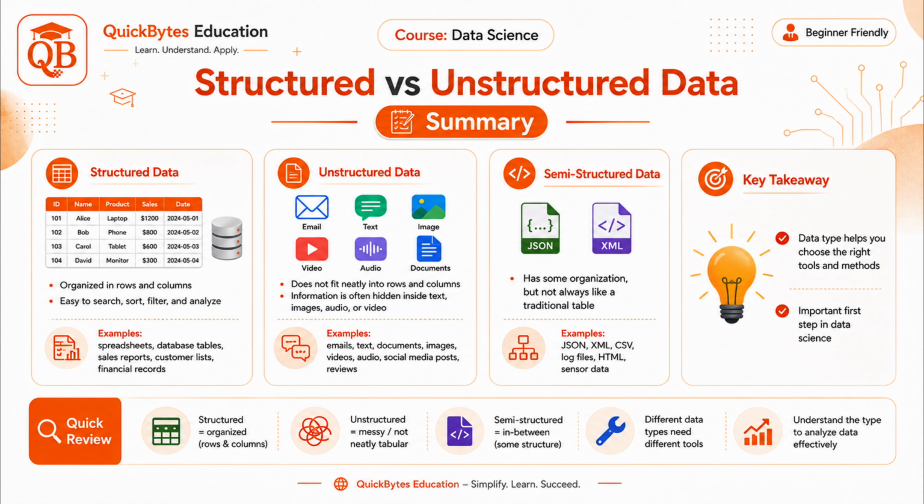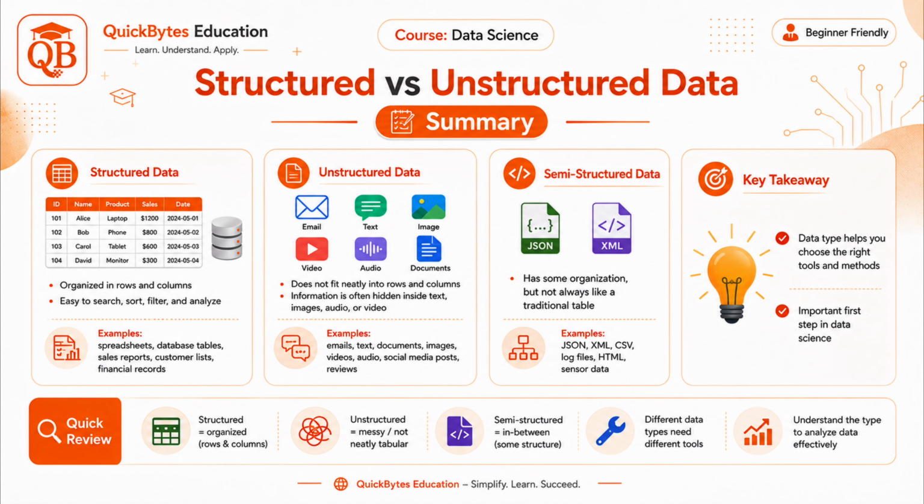Here's what you just learned. Structured data is organized in a clear format, usually rows and columns. Structured data includes spreadsheets, database tables, sales reports, customer lists, and financial records. Unstructured data does not fit neatly into rows and columns. Unstructured data includes emails, text, documents, images, videos, audio, social media posts, and reviews.